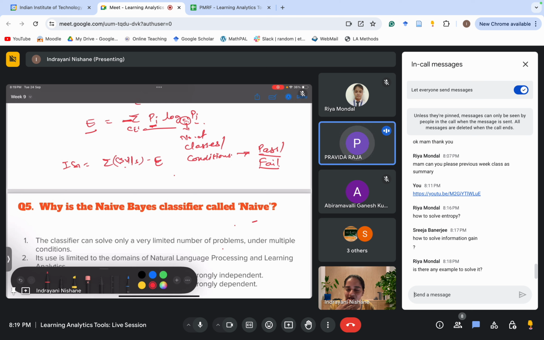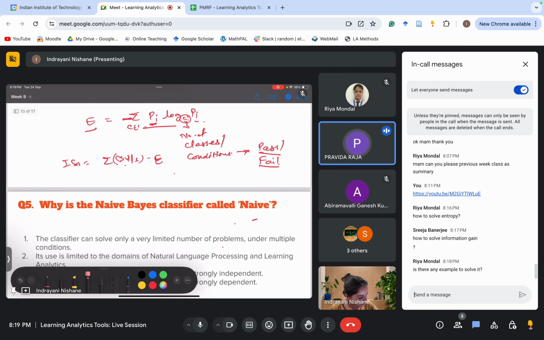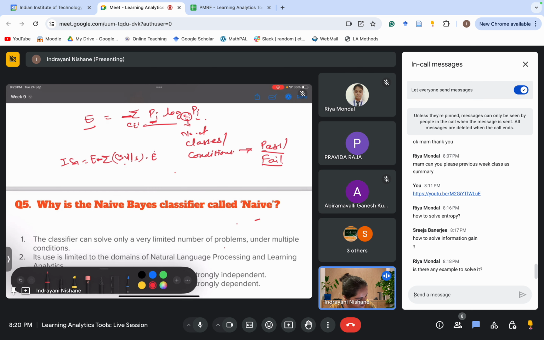It's entropy of S minus the summation of SV divided by S, multiplied by entropy. Again entropy here, right? Yes. So I was remembering the entropy and minus entropy, but not that entropy.